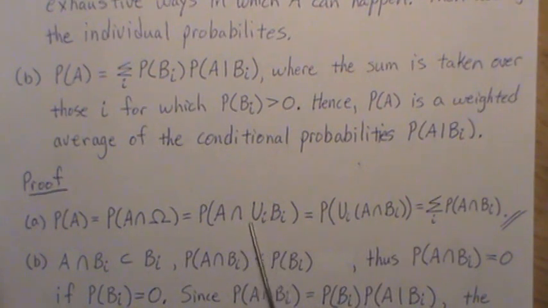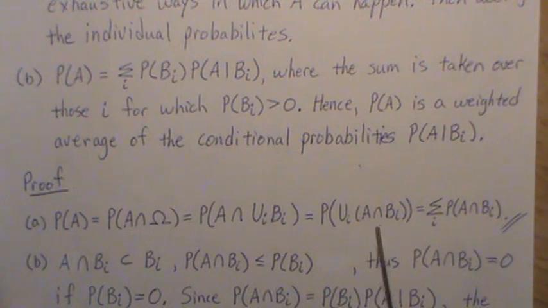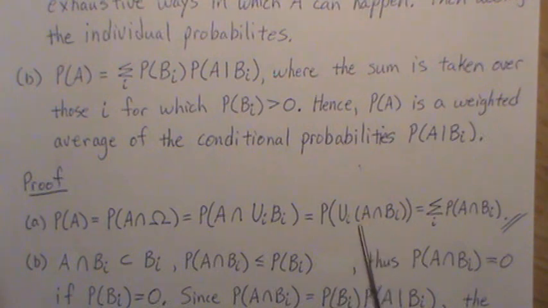But the intersection can be distributed over the union, so this inside is equal to this. So it's the probability of the union of A intersect Bi. But each of these sets are disjoint, and the probability of the union is equal to their sum. So it's the sum of the probability of A intersect Bi. Well, that's what we wanted to show.